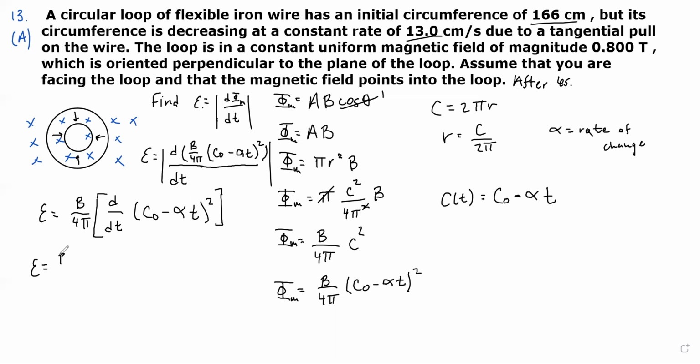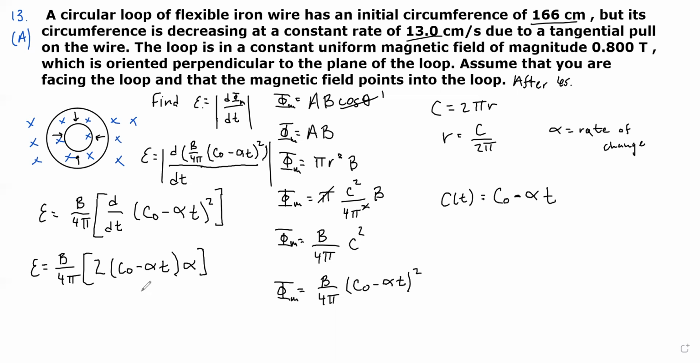So we'll get B over 4 pi times 2 times original circumference minus alpha times t, rate of change times time, times the derivative of the inside. The derivative of the inside: original goes away because it's just a constant. The derivative of alpha times t is just alpha. So we're left with the rate.